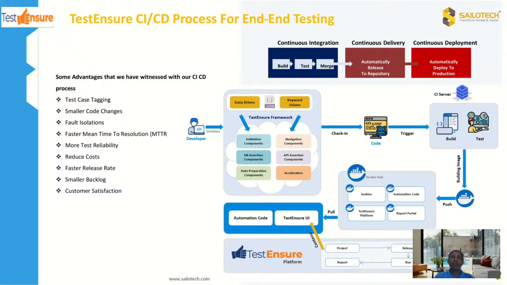We take that very seriously, and we keep improving our product so that we achieve those common objectives for test automation. I think I've taken a good amount of time today on end-to-end testing, the benefits, how it is done, and how it can be achieved using TestEnsure.